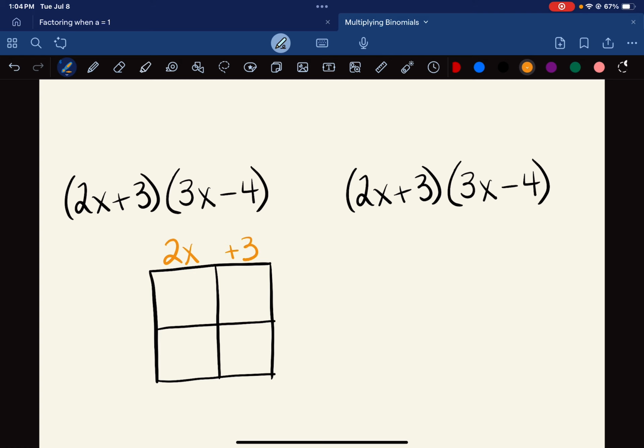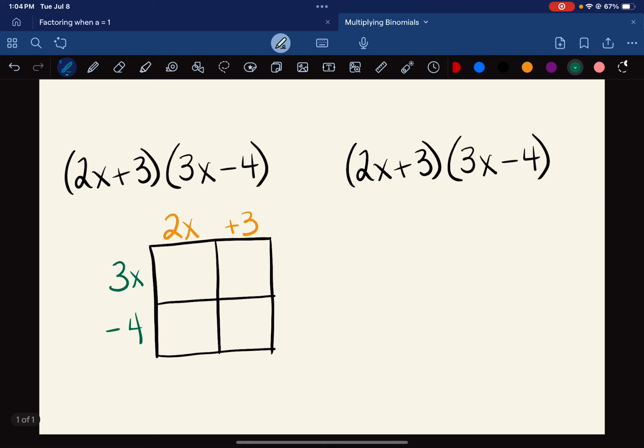And then down the left side, I'm going to have our 3x minus 4, 3x and our minus 4. And remember, every single time you're always going to multiply up and left. So for this first box, I'm multiplying 2x times 3x. And of course, 2x times 3x gives us 6x squared.